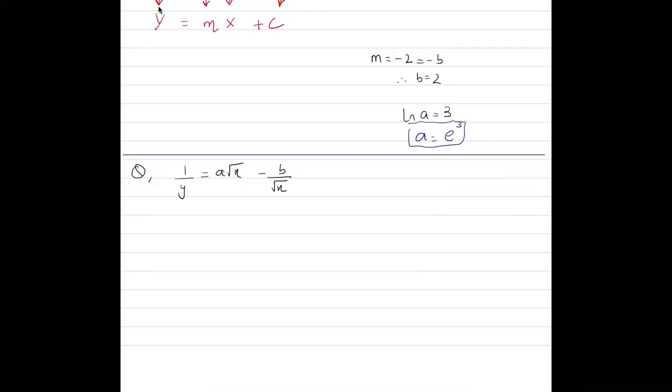Sir, so would it be like y is x under root upon y, and x would be a under root x? Yeah, just give me a minute. I need to attend a call.